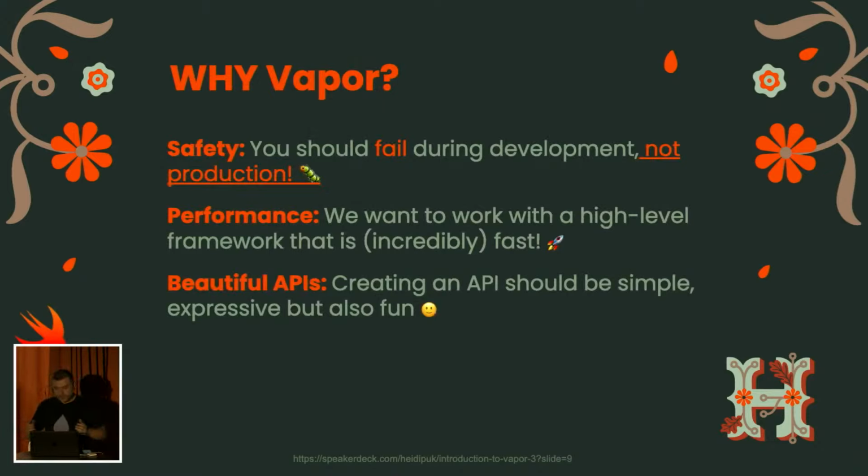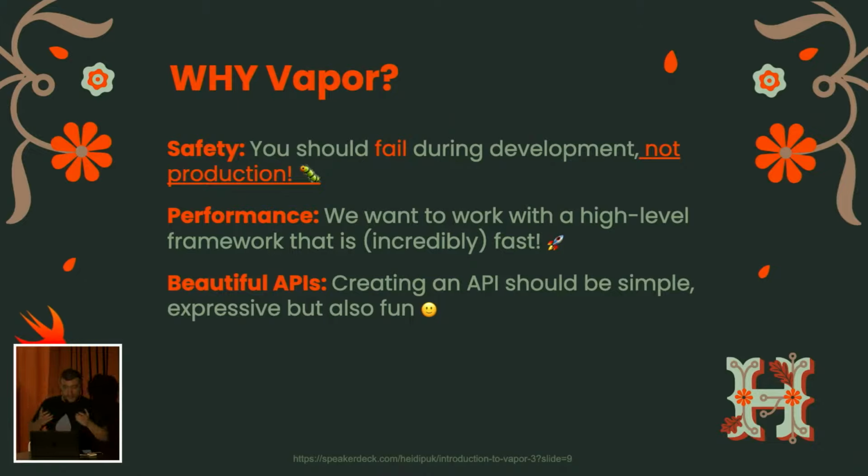So, why this framework? Well, I would like to briefly talk about why we chose it and use it in production. Because of safety: it is type safe. And one of the aspects that we really love is that when you are writing the code, it fails during development. So you see that your code is not going to work because of the types. It helps you and shows you what mistakes there are.